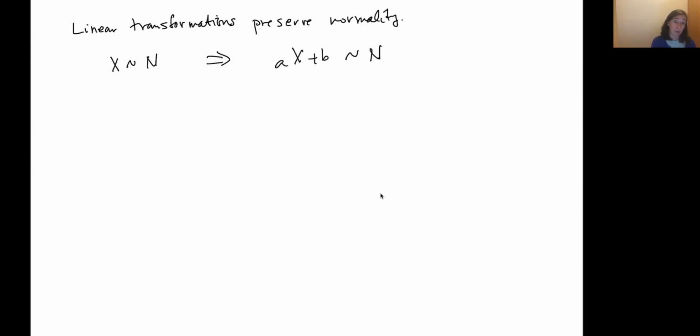That's not true for all random variables. Like, you take a Poisson random variable and apply a linear transformation, and you are not necessarily going to get another Poisson random variable. In fact, there's no way you will. But this is a really nice thing: a linear transformation applied to a normal random variable gives you another random variable that has the same basic shape.